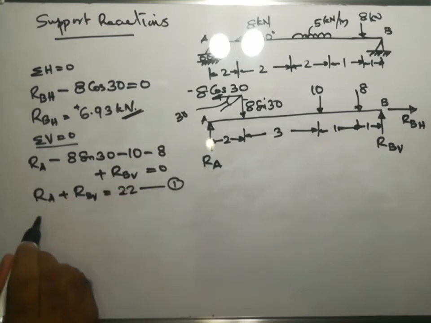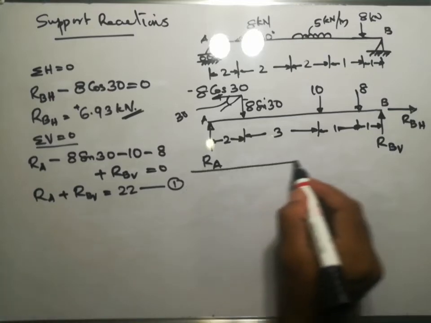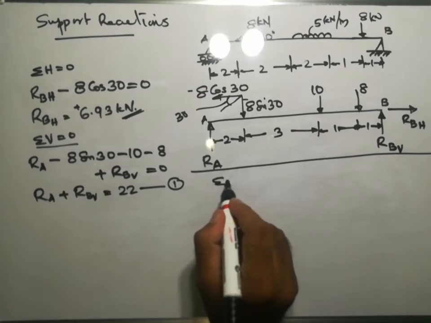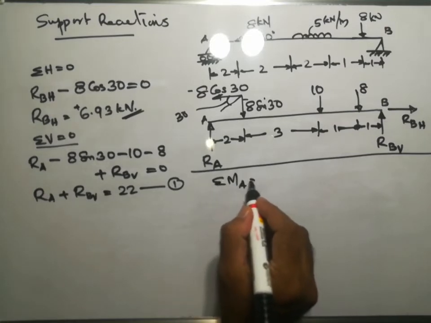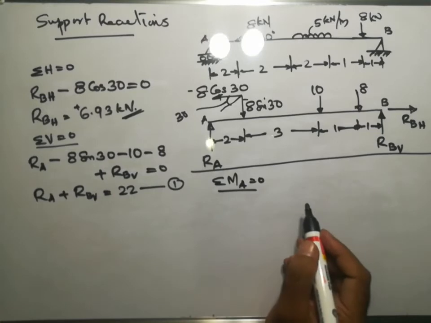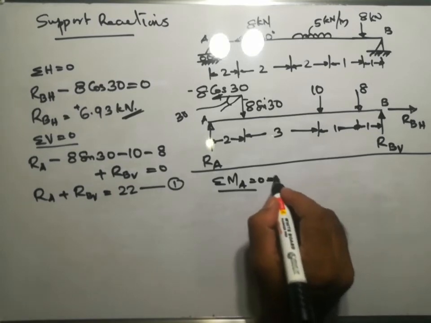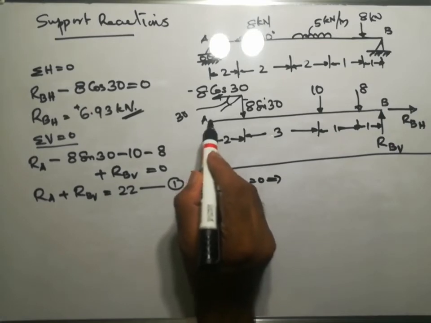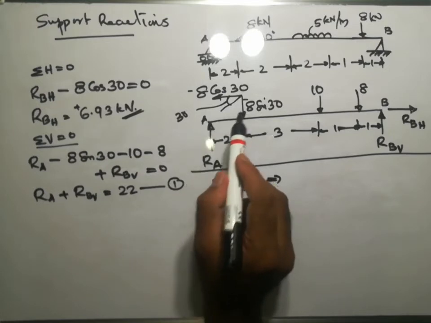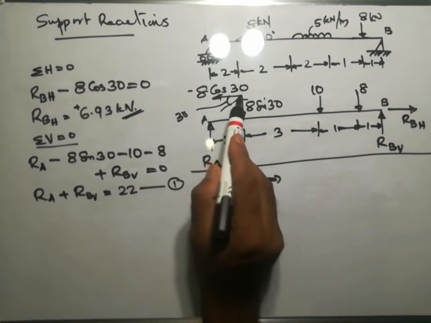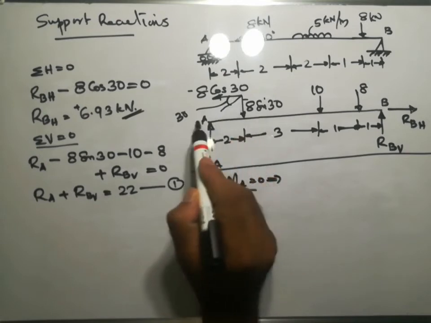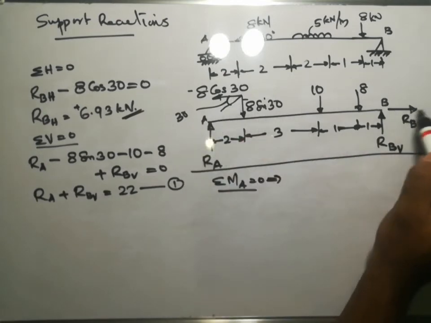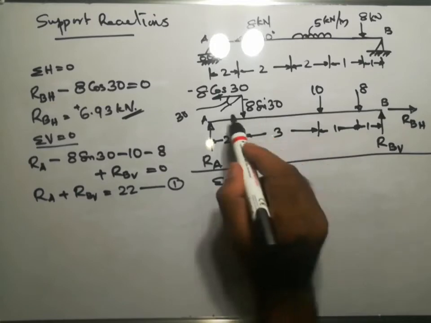For that we will use the equation ΣM equal to 0. ΣM about A equal to 0. We will take moments about point A. The forces which make moments: RA will not make any moment because it is acting along the beam, and RBH will also not make any moment because it is also acting along the beam.